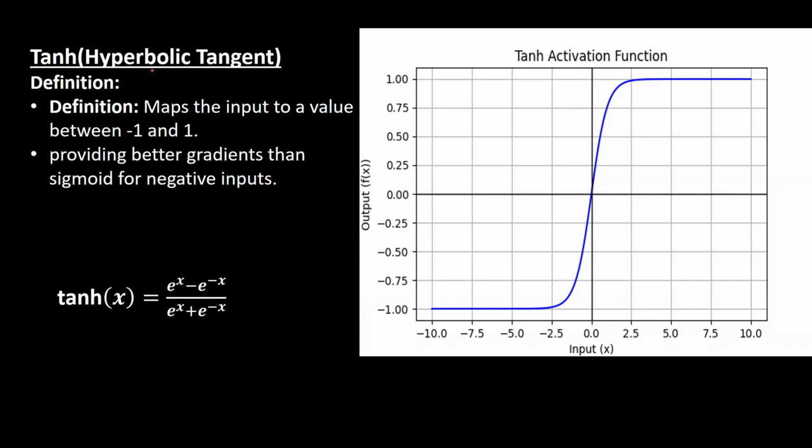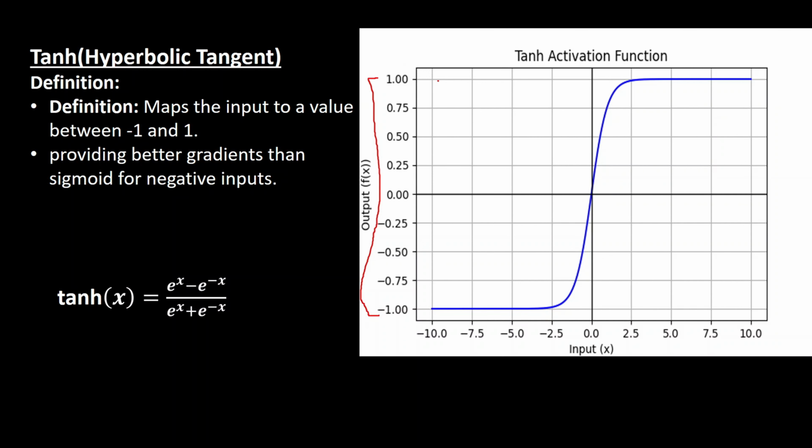Then we have the tanh, or you can say the hyperbolic tangent function. As the name suggests, it will be a tangent, so you know that it gives you the output between plus 1 and minus 1. Simple. So it is also a better version of the sigmoid function.